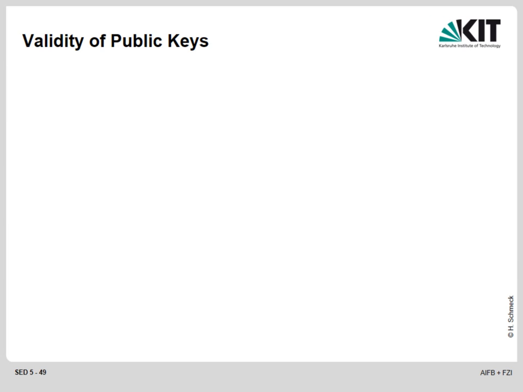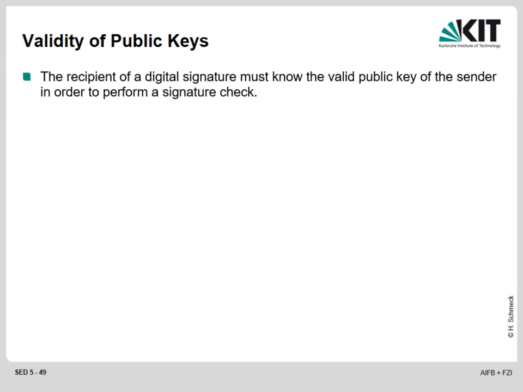Now another question is, how do I know that the public key that I get is actually the public key of the person that claims to be the owner? Because it may be that Alice and Bob are communicating. Alice wants to send a message to Bob, and now there is some enemy in between, and this enemy also has a public key and a secret key.